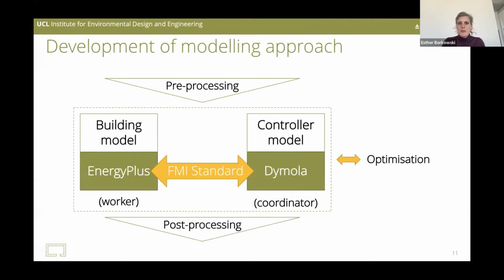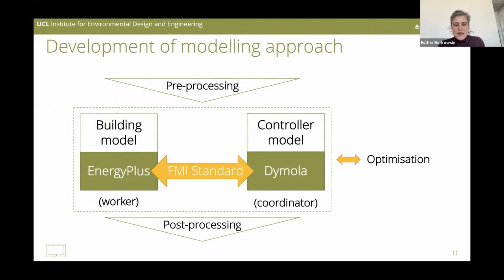So the modeling approach that I developed in my PhD makes use of co-simulation and couples EnergyPlus for the thermal simulations with Dymola for the control simulations via a co-simulation interface. The co-simulation interface that I used was the Functional Mock-up Interface, short for FMI, standard.